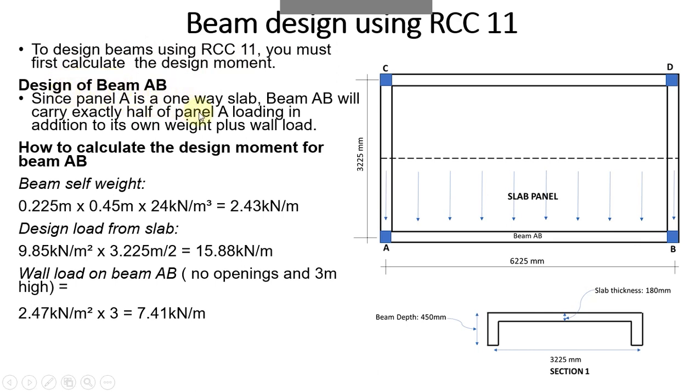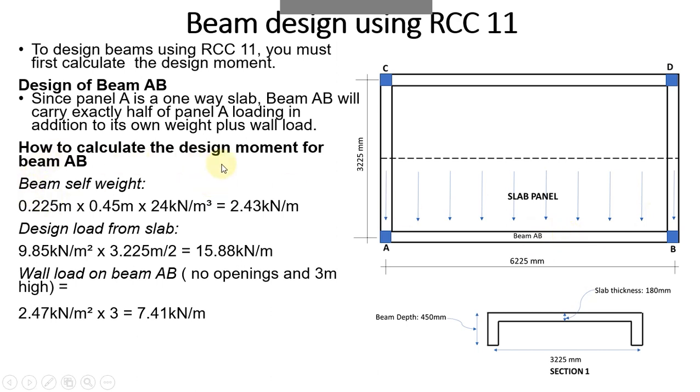Since panel A is a one-way slab, beam AB will carry exactly half of panel A loading in addition to its own weight plus wall load.